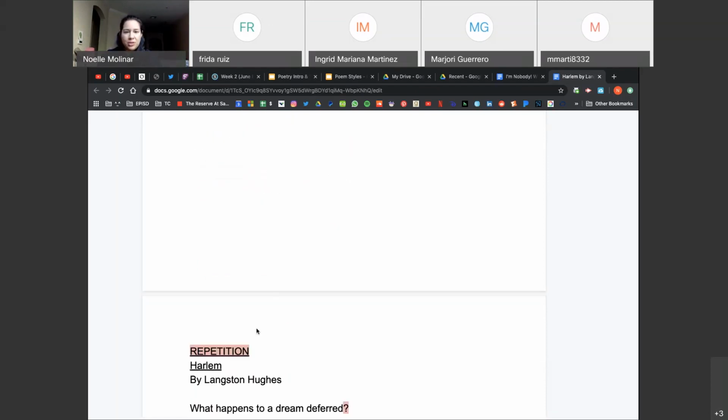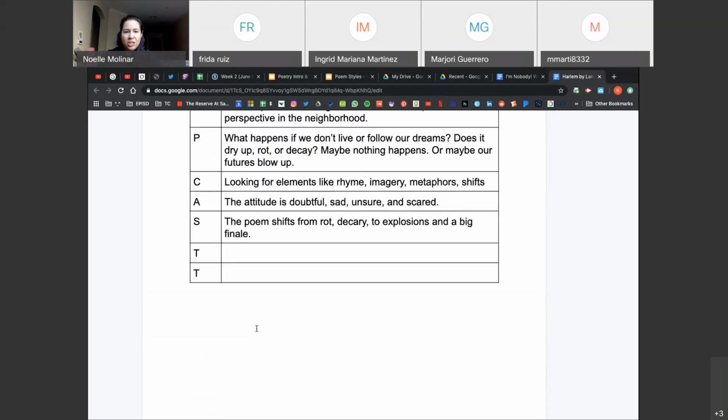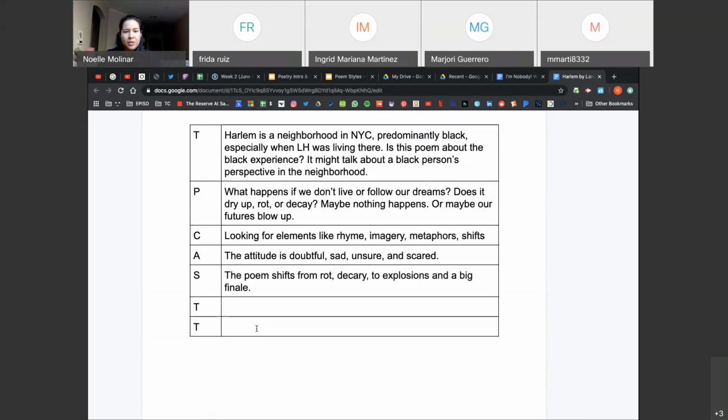Okay, so we did all of those connotation elements. So that was our C. A, as we looked, because we had all that repetition, we can say that the attitude is doubtful, sad, unsure, and scared. If you were to say, oh, this poem is about somebody being very happy, false.